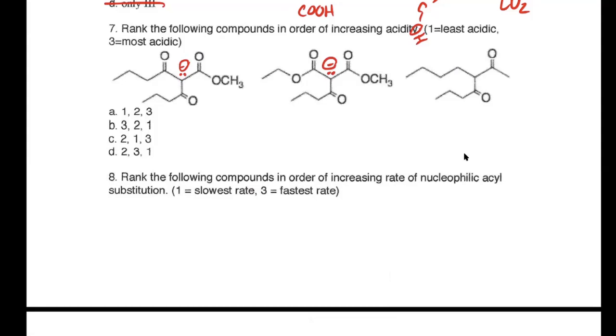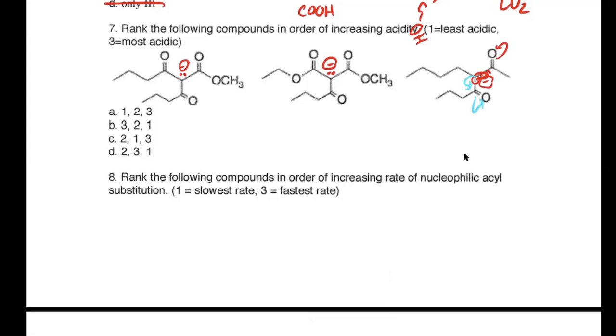For the one on the right, we're also going to pick the proton in between the 2 carbonyls. But as we notice, the one on the right has only 2 carbonyls. It does not have 3. So for that reason, you cannot draw as much resonance. I'll put it in a different color so you can see it better.